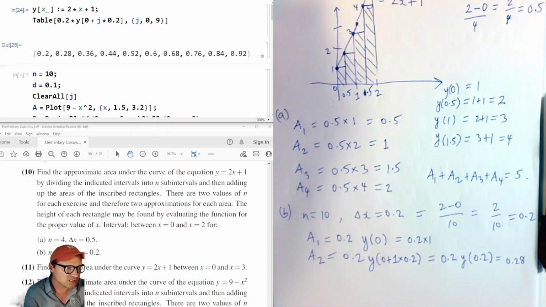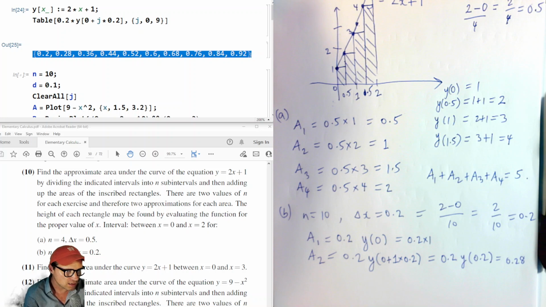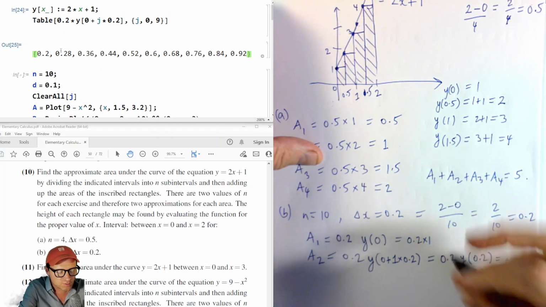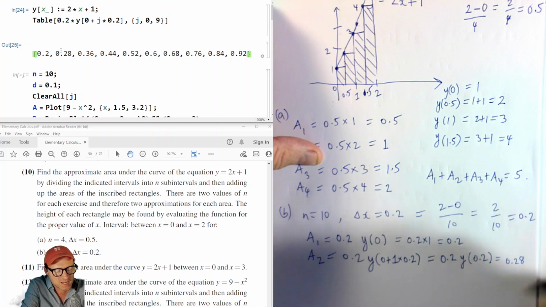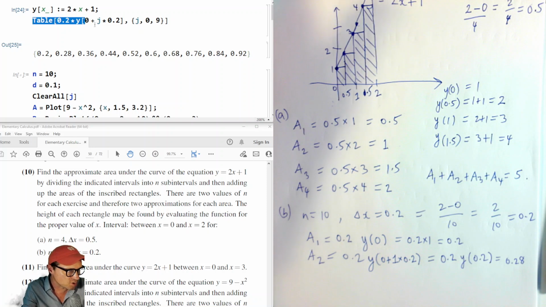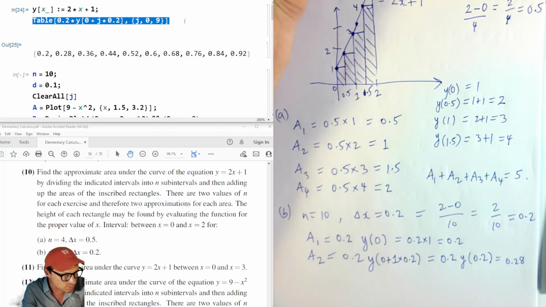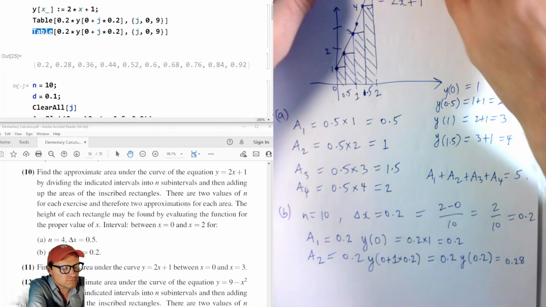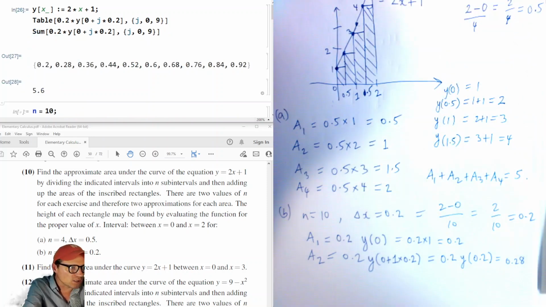Now you see I have a list of the areas of those 10 rectangles. The first two agree with what we got by pen and paper, so now we just have to add all of these up. To do that, I'm going to replace the word Table with Sum, which will add them all up.